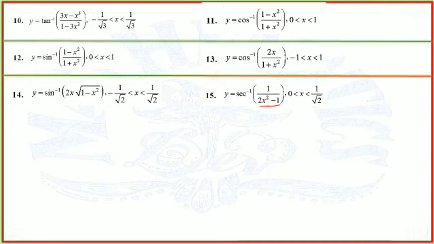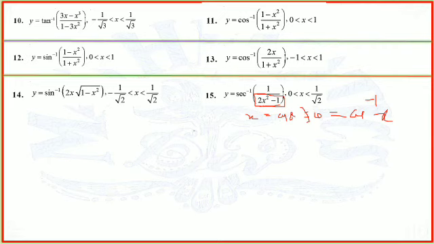So this is again an identity, you can say a formula: 2 cos square theta minus 1 is equal to cos 2 theta. So here we will replace x is equal to cos theta. So this implies theta is equal to cos inverse x.